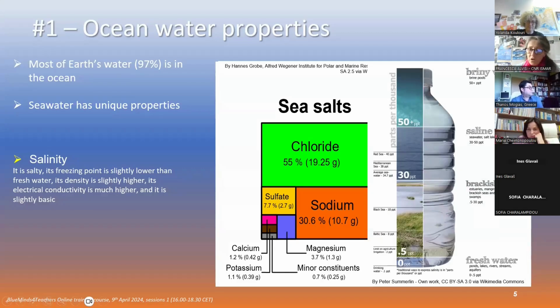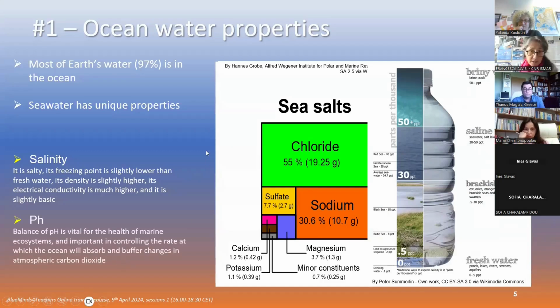So there is not only, let's say, ocean water, but we can have different kinds of salinity, so different kinds of water according to the content of salts. So this is a kind of classification of the water linked to their salinity.